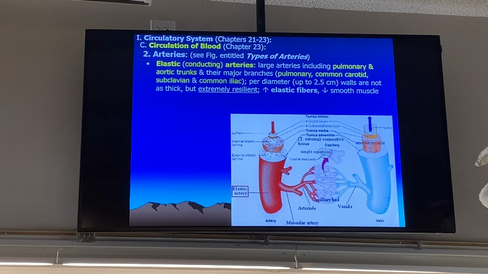Okay? Now, when that aortic semilunar valve closes, the blood flow will actually retract a little bit. If these arteries were PVC pipes instead of elastic arteries, the blood flow would look like this. Boom, boom, boom, boom, boom, and would actually recoil in the artery.